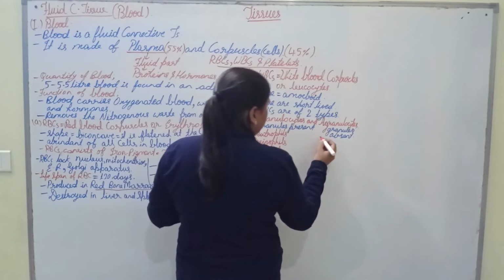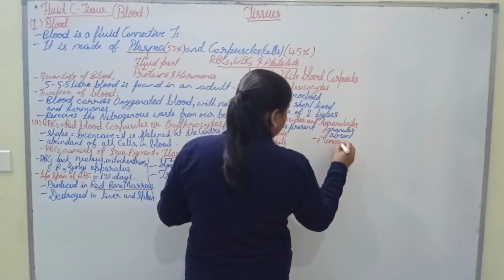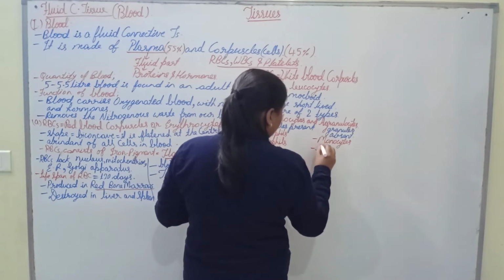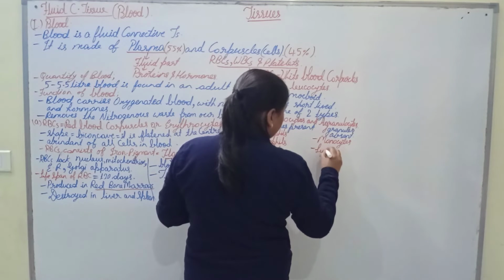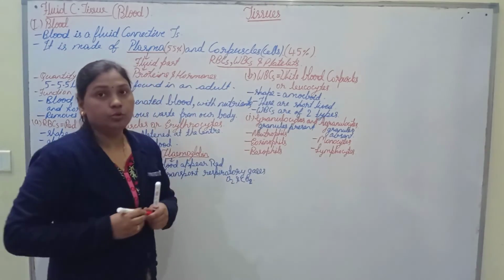The agranulocytes are of two types, monocytes and lymphocytes. So these are the two types of WBCs.